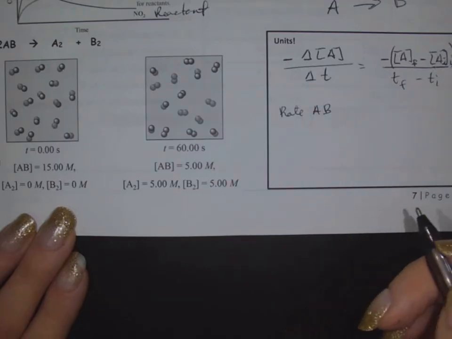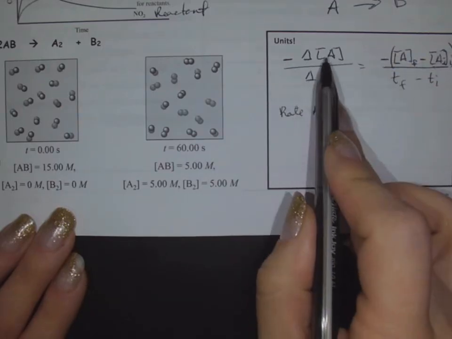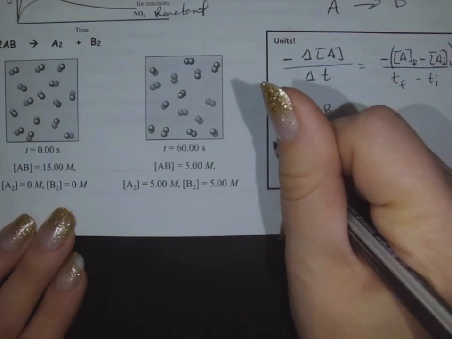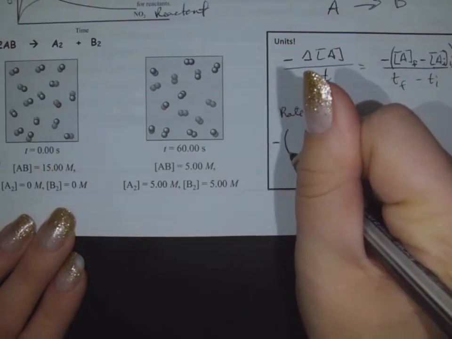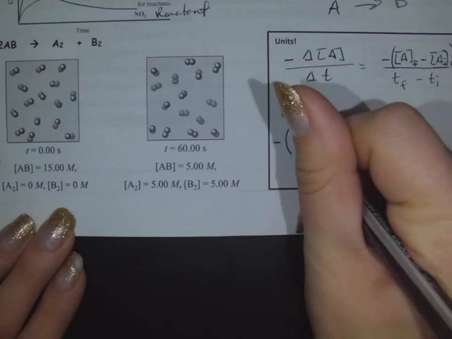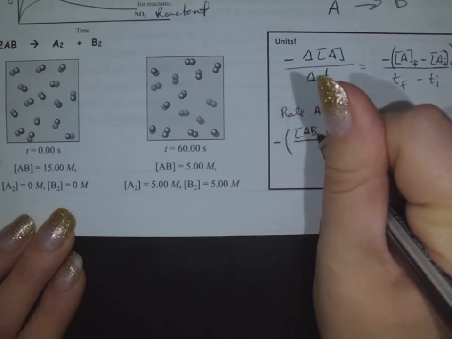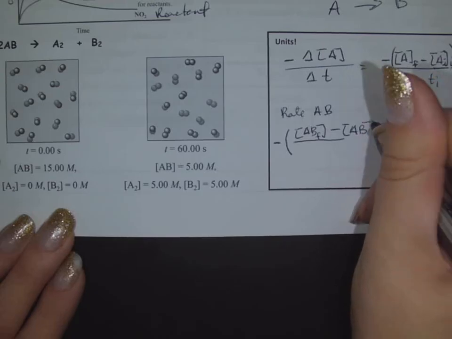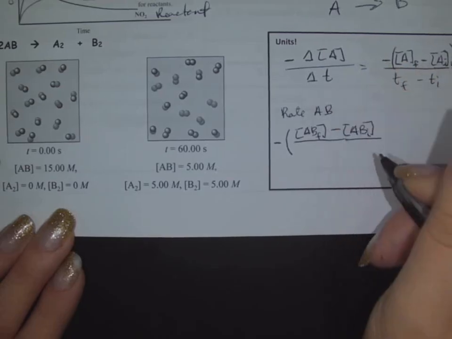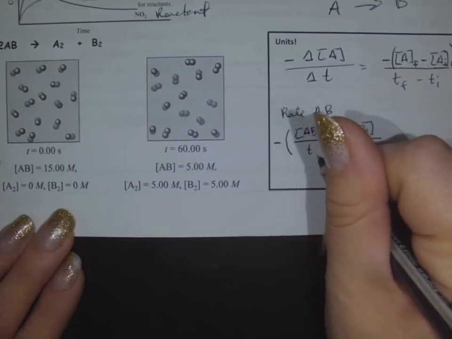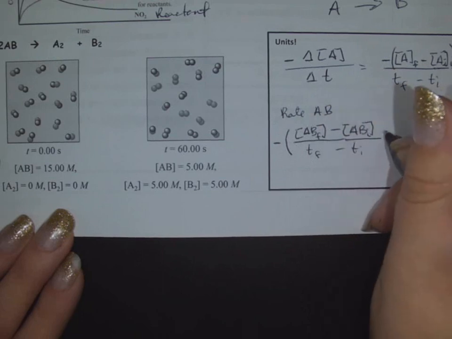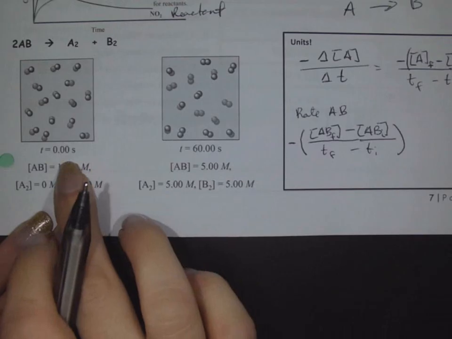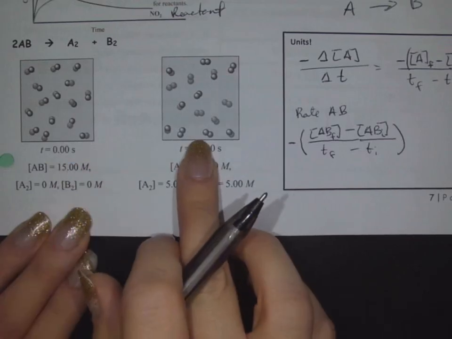Under this same idea, instead of writing A, we're writing AB, and we know it would be negative, and then outside of this negative, it would be the concentration of AB final minus the concentration of AB initial divided by time final minus time initial. And all that information is given to us over here. So here's our initial and here's our final.